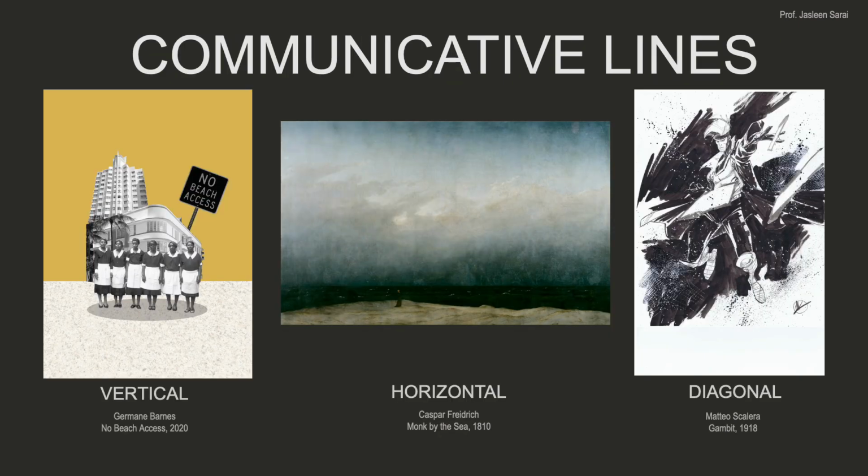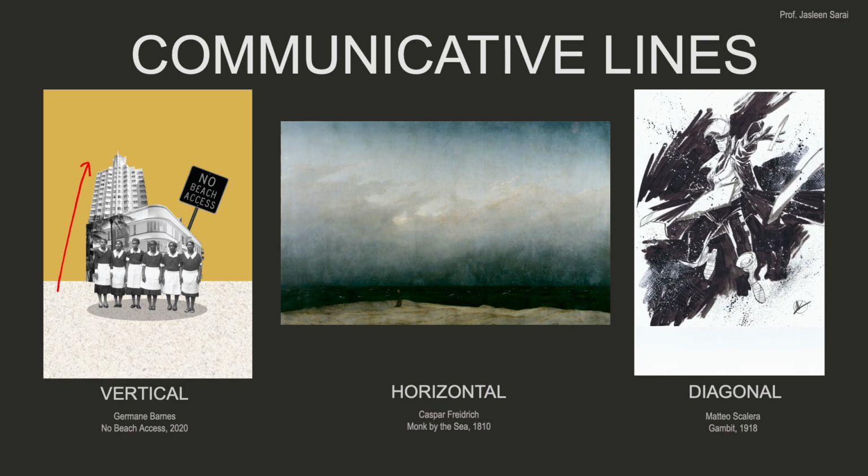Okay, and then we have communicative lines, which is more of the psychological effects of a line. So this is just some examples of communicative lines. There are definitely other ways that artists create lines, but here are some really simple ones. You have vertical lines.